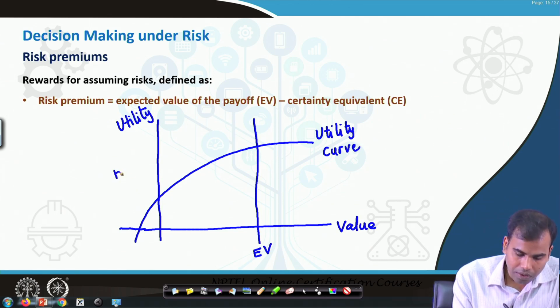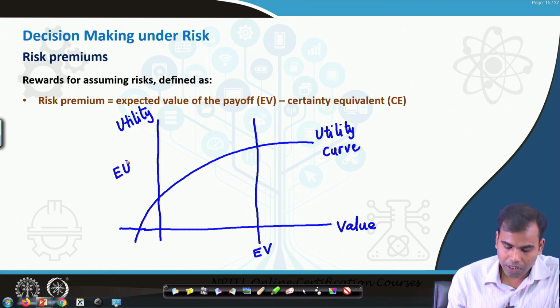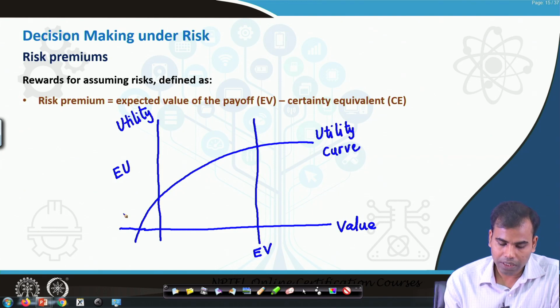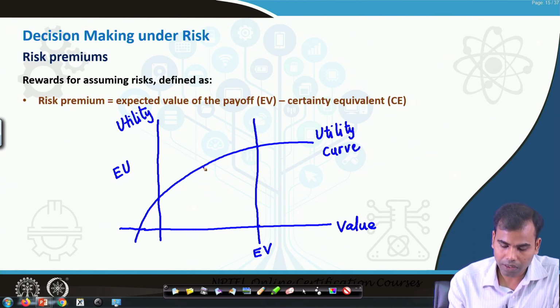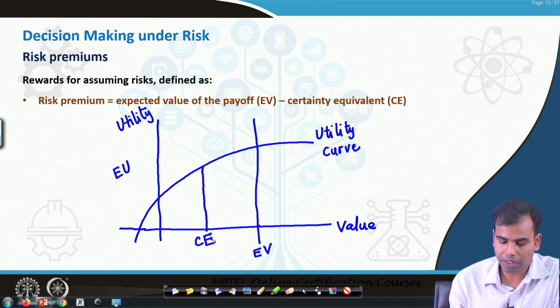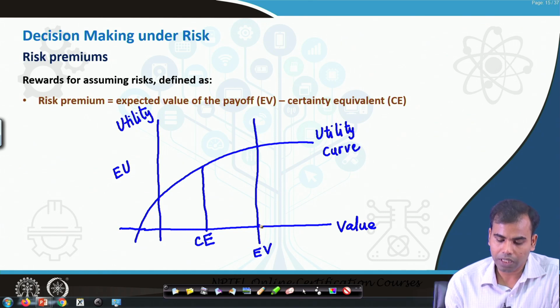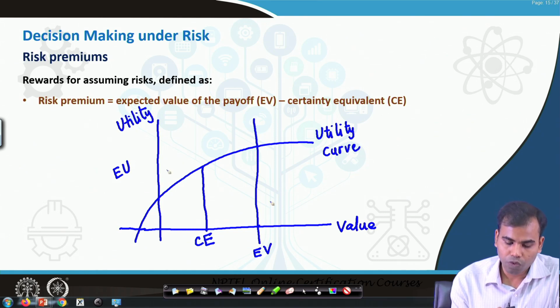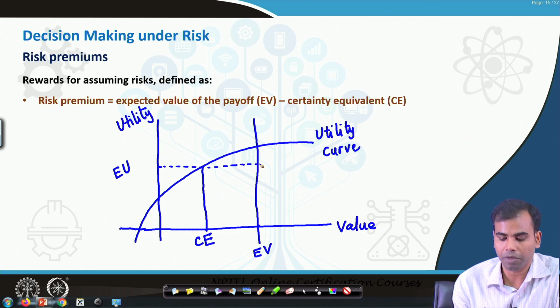This particular axis can be noted as expected utility. So, we have expected utility on one axis and value on the other axis. We have the expected value at a certain point, and if we are able to find the certainty equivalent, which let us say lies here, the certainty equivalent is basically the value of wealth where the utility is equal to the expected utility derived from the risky choice, which means the expected utility in these two cases will be similar.